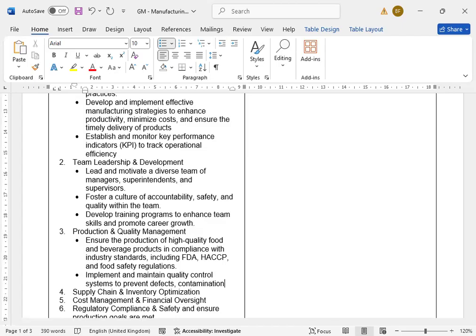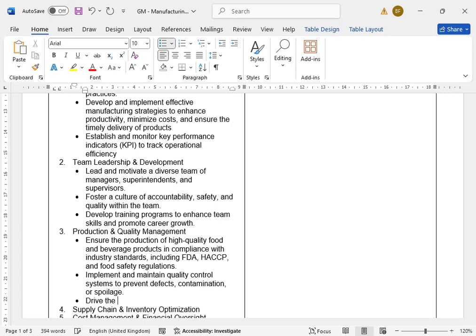Otherwise, the company will have problems and lose money because of the recall, calling back all the products from the consumers or customers back to the plant, or spoilage.